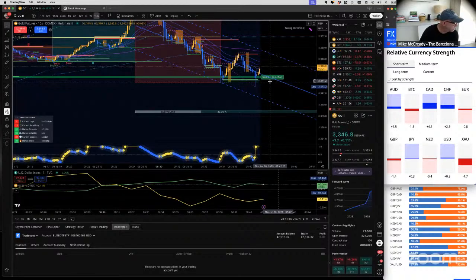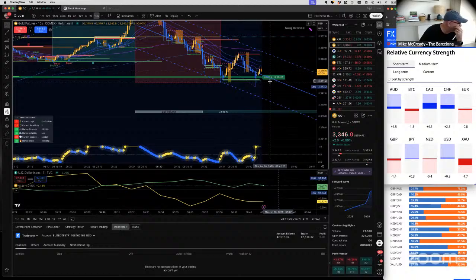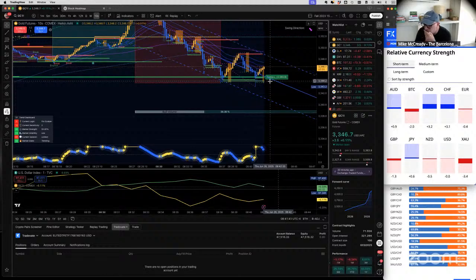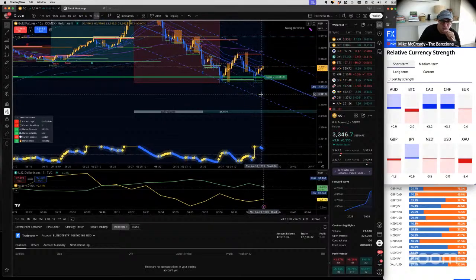So if it decides it wants to come down and it's showing us some big bearish candles, we might be able to ride it through this support zone. From 31 to 28. It's just going to be choppy. But if you like chop, well, that's your trade.